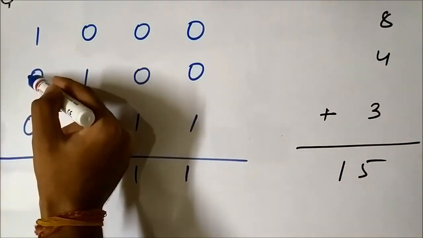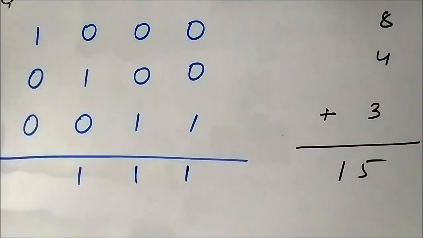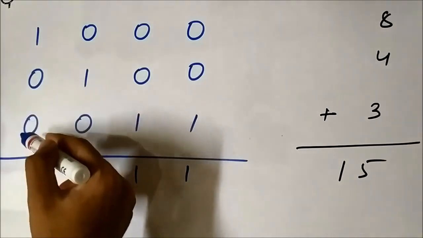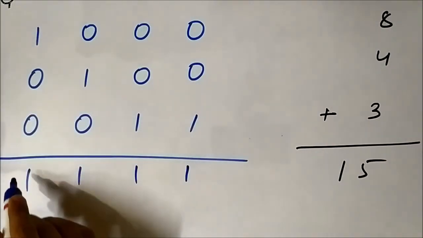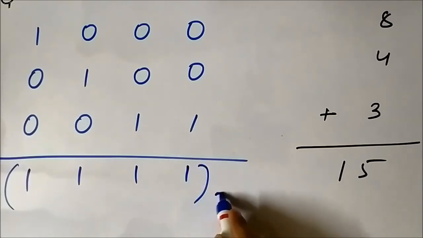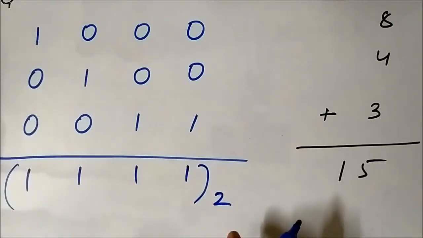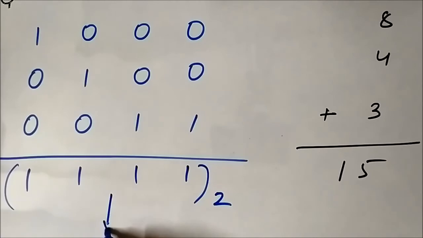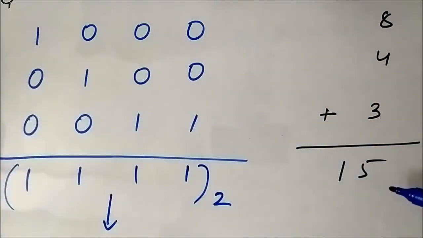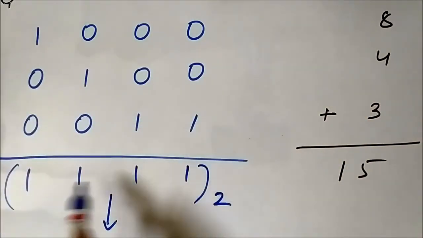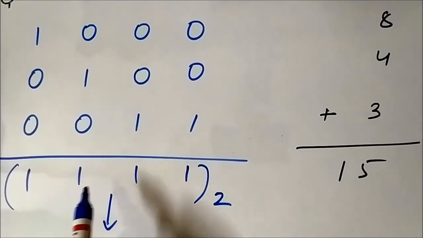Here 1 plus 0 is 1 and 1 plus 0 again is 1. So this is in decimal form, this in binary form. Its decimal equivalent is 15. Okay, so we got the same result, in decimal form and this in binary form, 1 1 1 1.